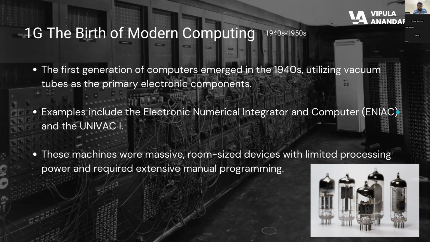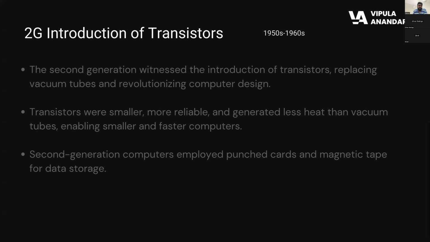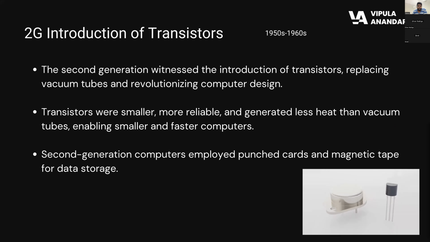And then we get into the second generation of computers, which is the point where these huge vacuum tubes got replaced with transistors, where people found out that transistors can be created in small sizes, and then scientists evolved the same concept of a vacuum tube into a small device that completely replaced the vacuum tube architecture.